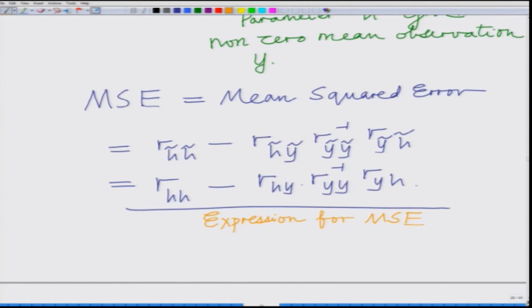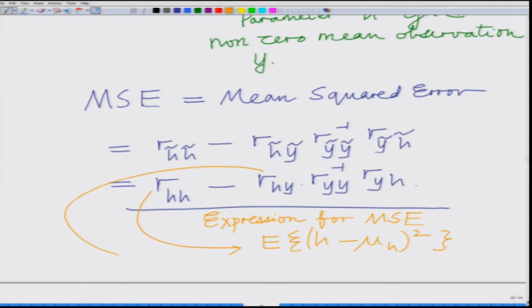However, now remember r h h, r h y, these quantities are defined slightly differently. Remember r h h is not the expected value of h square, but rather the expected value of h minus mu h whole square.